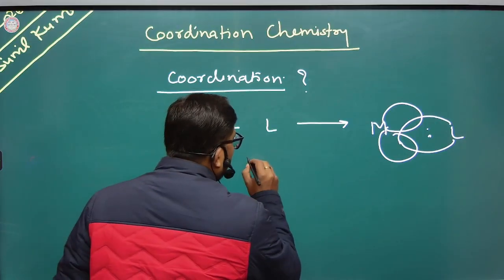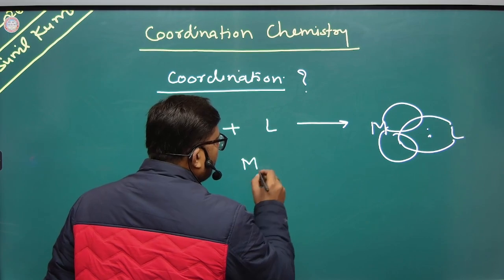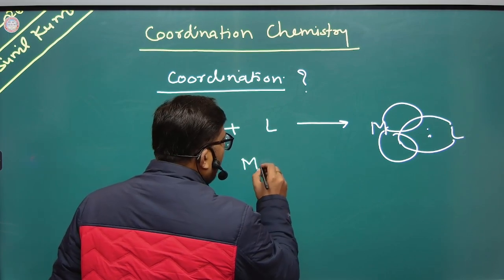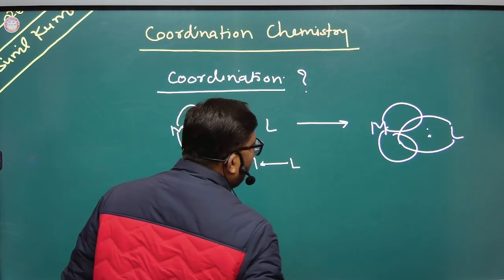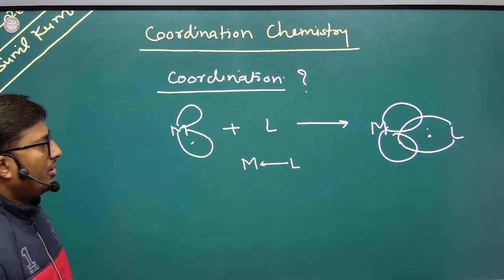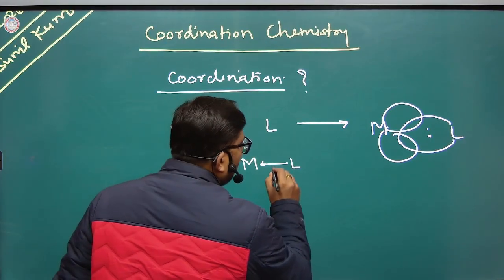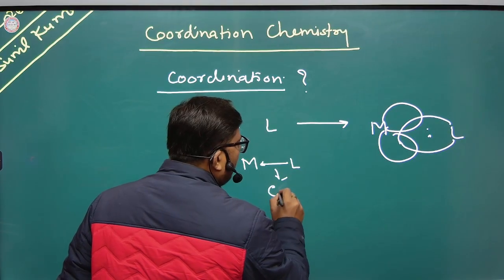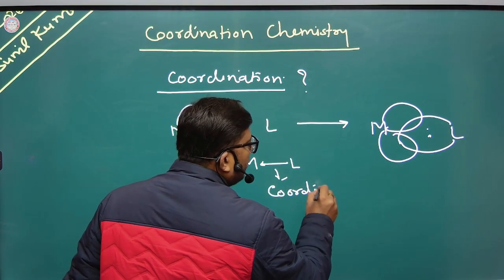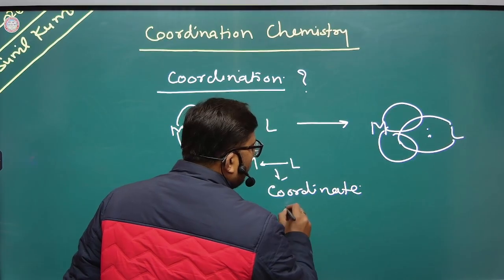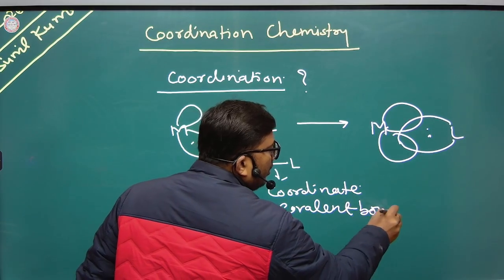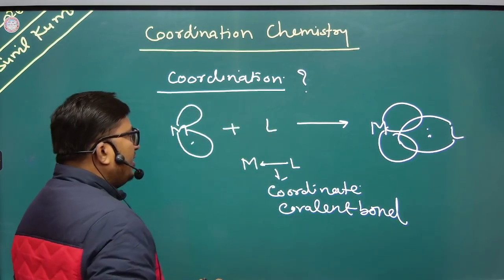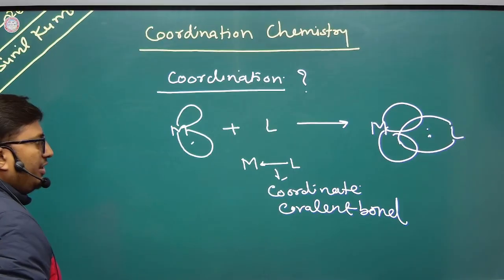It means that if M contains a vacant orbital, this is the notation of the metal-ligand bond. It is called a coordinate covalent bond, and more generally it is also called a dative bond.